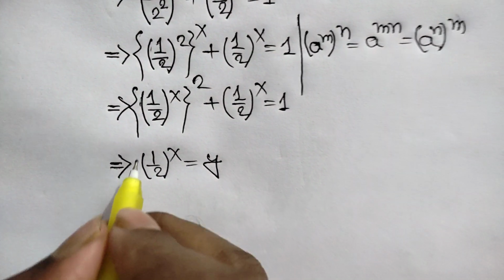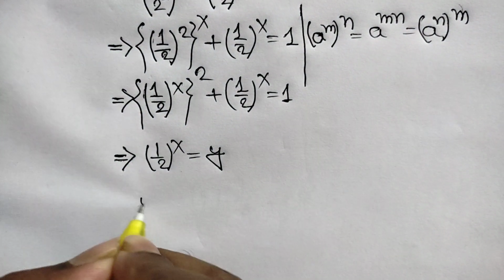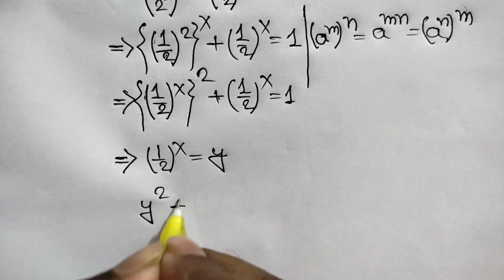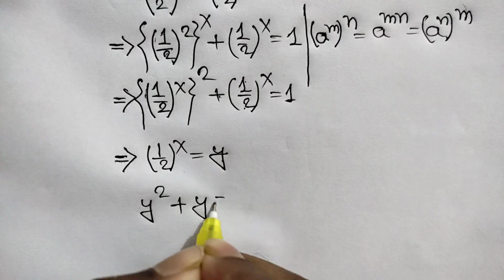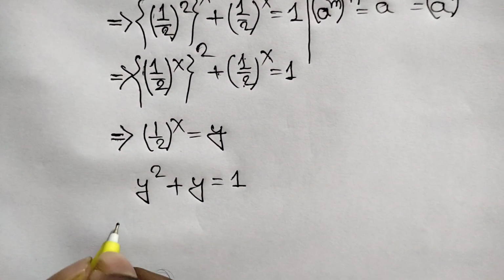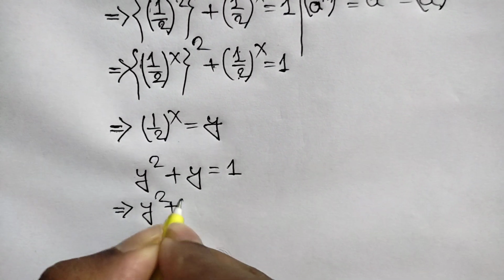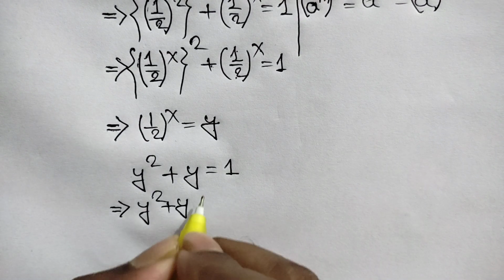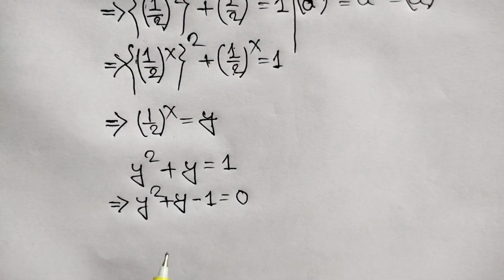So our equation becomes y square plus y is equal to 1, or y square plus y, taking this positive 1 to the left side, we get minus 1 is equal to 0.